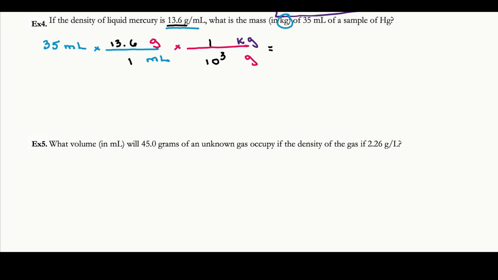So now all I have to do is the math, 35 times 13.6 divided by 1,000, and what I get unrounded is 0.476 kilograms. Okay, this and this are both conversion factors, so I'm just going to use 35 for Sig Figs. So I should have only 2 Sig Figs. 1, 2. The 6 rounds the 7 up, so this is going to be 0.48 kilograms.